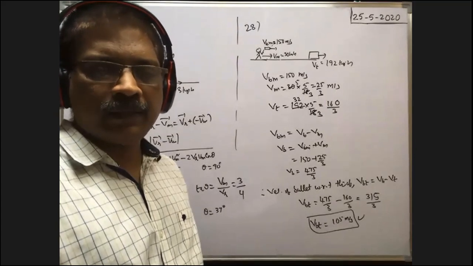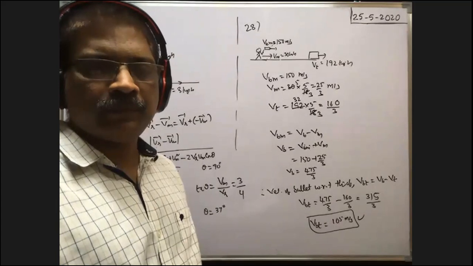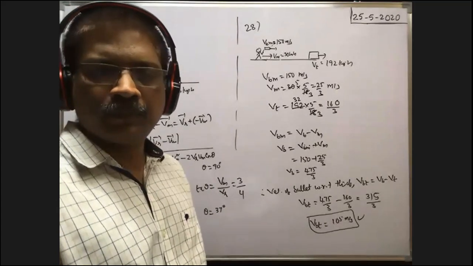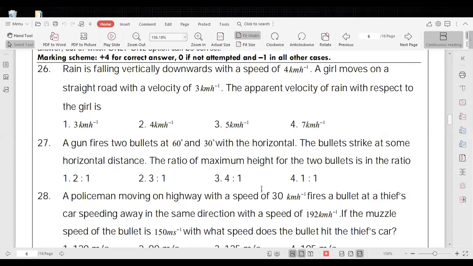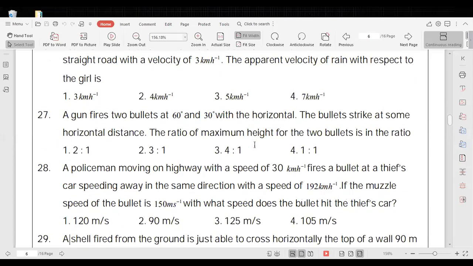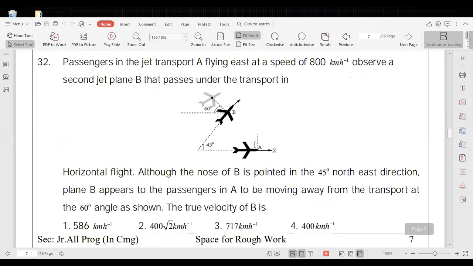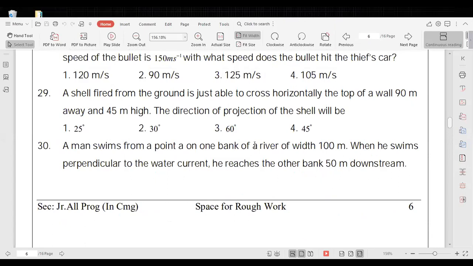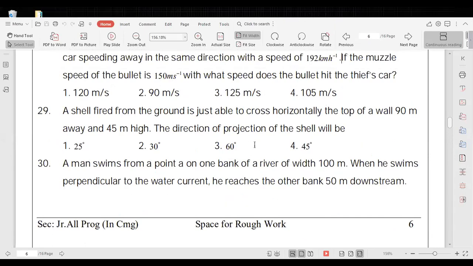Okay, next problem. In this, 29, 30. The 30th problem is in the next page also.